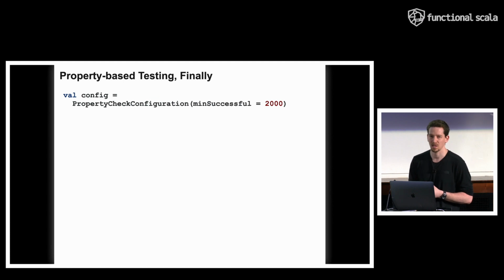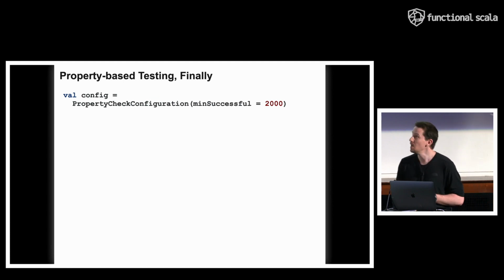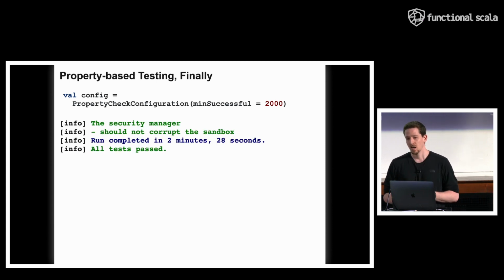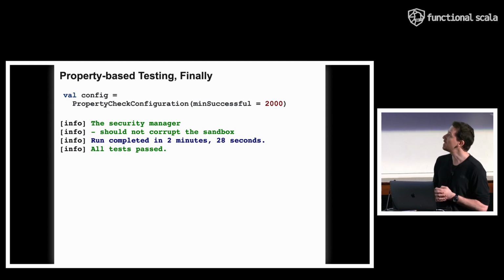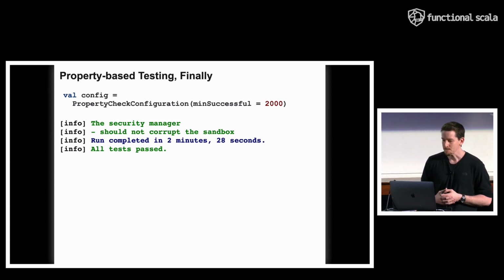Usually property-based testing comes with low defaults, where you run just 100 samples or 10 samples or whatever. So we ramp it up to 2,000 samples, and we can run it again. On the bright side, it's a longer test now, 2.5 minutes. The bad part is it's still green, and we want it to fail. We want the property to flush out the bug and show how it doesn't hold for the system.